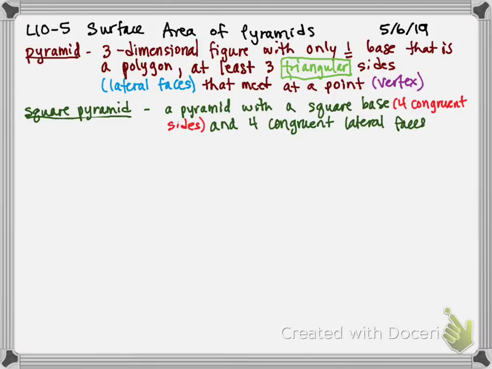So since the square has all the same lengths for each side, these are triangles, and the distance from those bases to that vertex point has got to be the same, okay? So the triangles are going to end up having the same area. Yeah, crazy, huh?